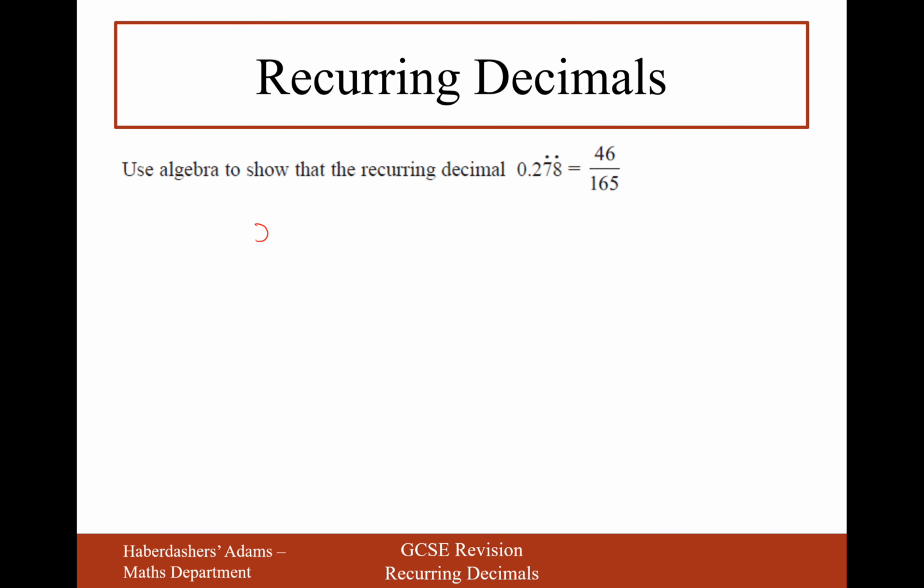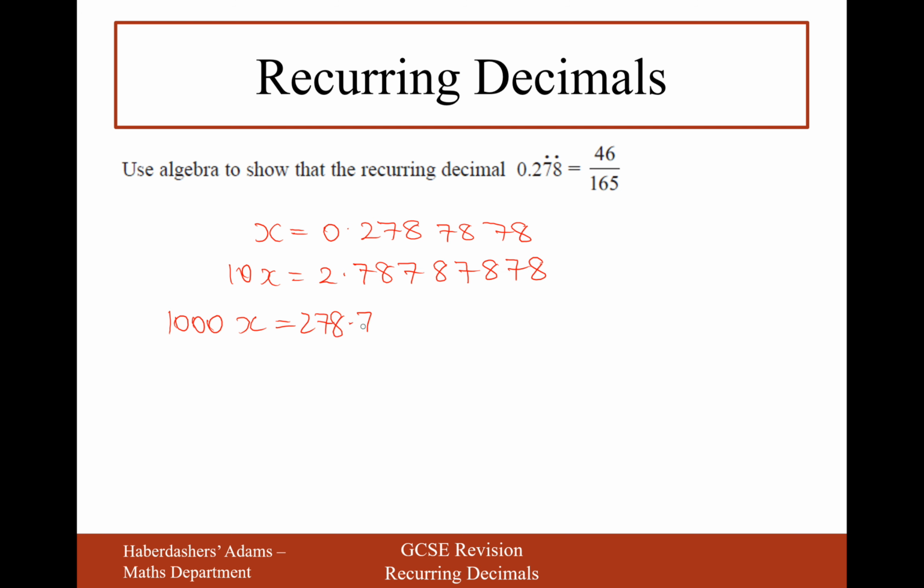Okay, so we'll write it out as x equals 0.2787878, then multiply by 10 to give me 2.78787878. Then multiply by 100 to give me 1000x, because I want the decimal places here moved up by 2 positions. So it's going to be 278.78787878.